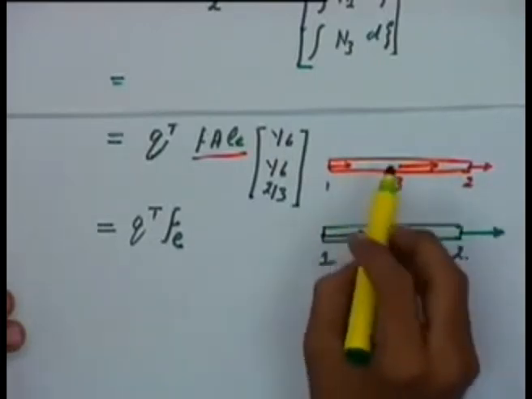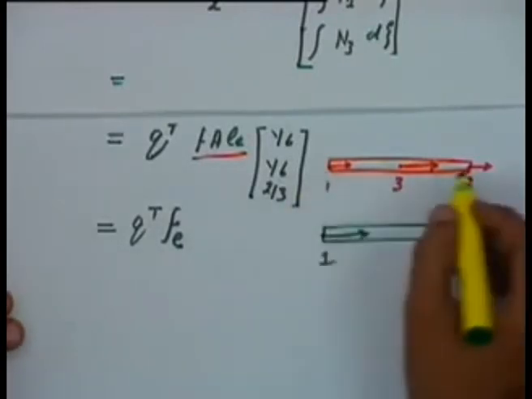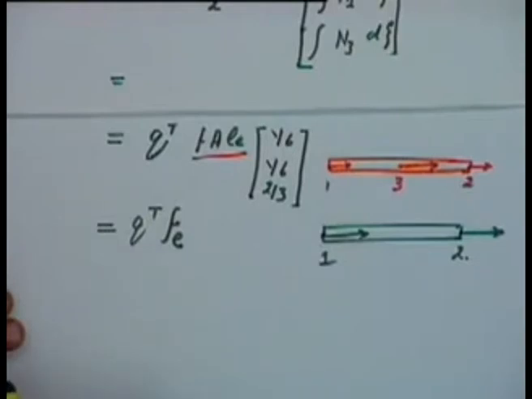Now it is divided in the ratio of 1:1:4. 1/6 is acting here, 1/6 is acting here, 2/3 is acting here. This is as far as the body forces are concerned.